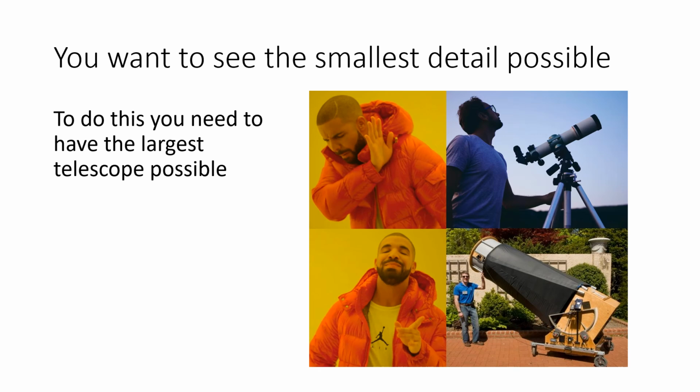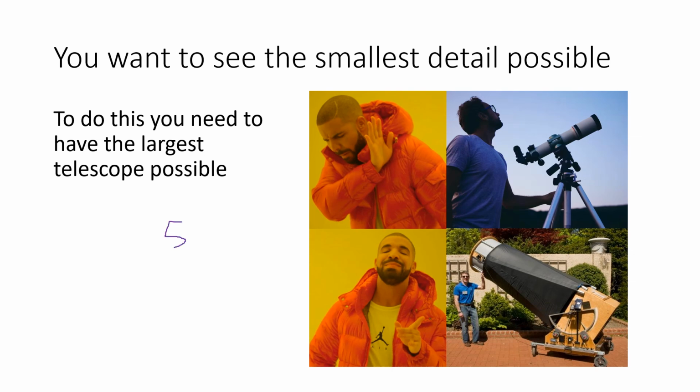So when you're observing through a telescope, you obviously want to be able to see the finest detail you possibly can. You want to see the smallest detail. You want to have the best angular resolution. And remember, best angular resolution means being able to see the smallest detail.